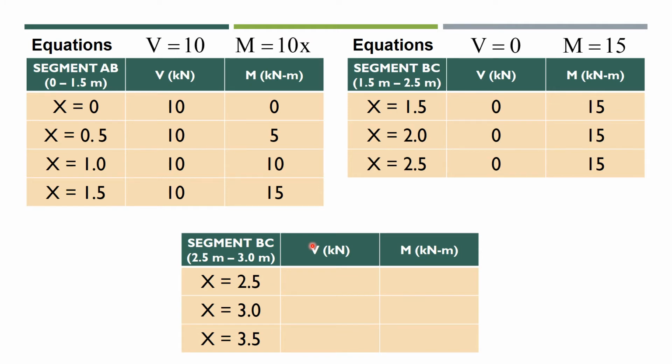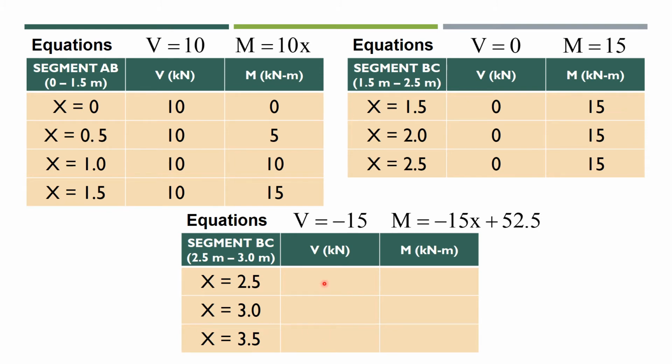Then for segment CD, so the same, 0.5 meter increment, so that we have 2.5, 3, and 3.5. And using the equation for shear and moment, dito alam na natin, wala tayong variable dito na x para mag-substitute ng mga values na ito.